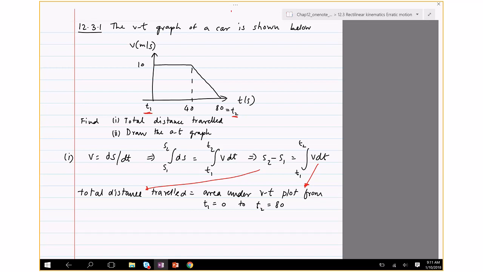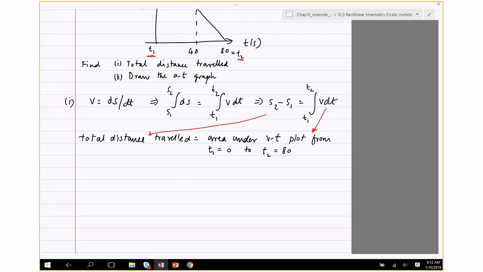It looks like a square, but it's not a square, and it's made up with a triangle. So what's the area of the rectangle?